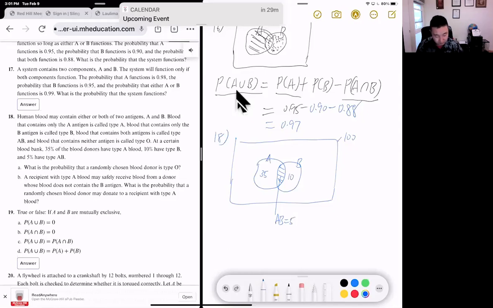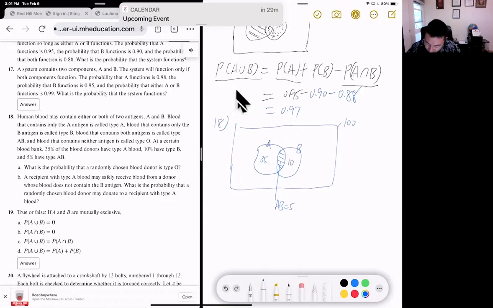Then the outside will be type O. So anything outside A and B will be type O. So we can easily figure out how many are O. So 100 minus 35 minus 10 minus 5. That is equal to 50. So 50 is type O.